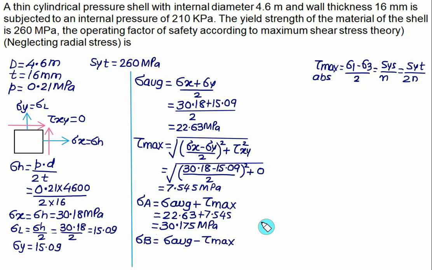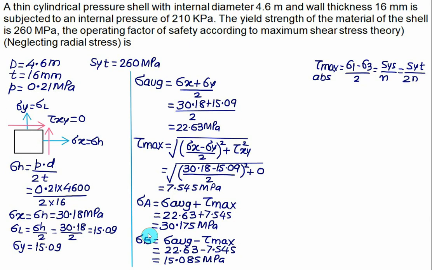These are the standard steps you have to follow in the maximum shear stress theory. Sigma b is sigma average minus tau max, 22.63 minus 7.545, which is 15.085 megapascal.